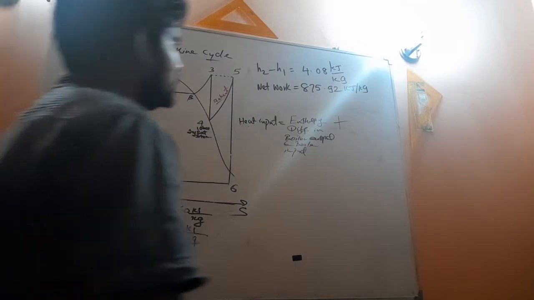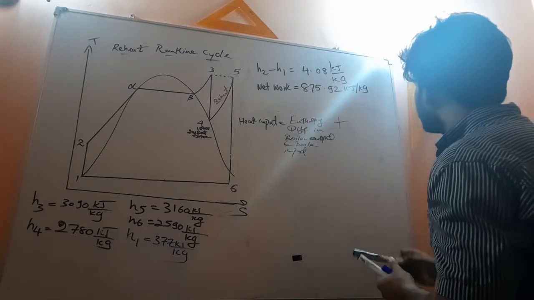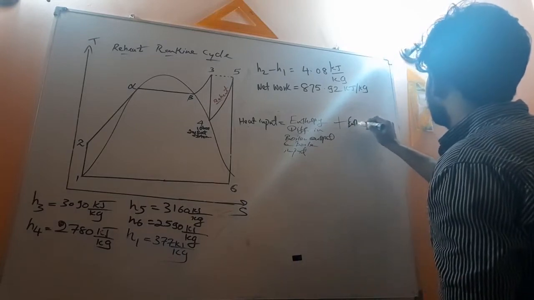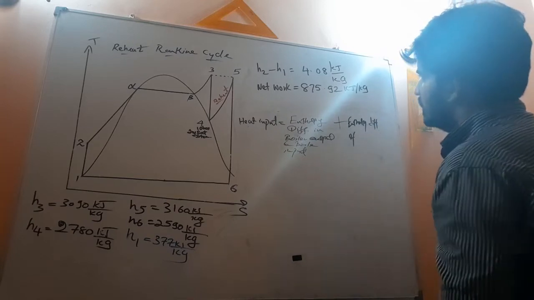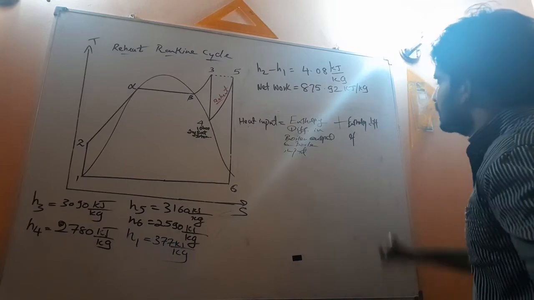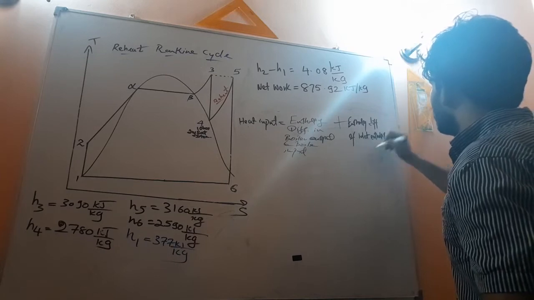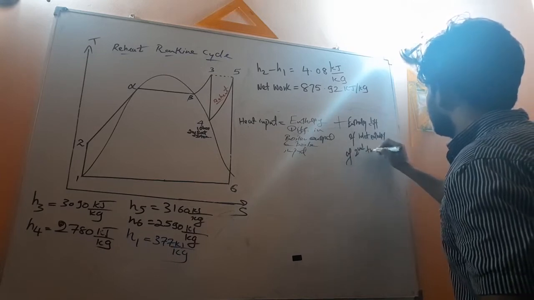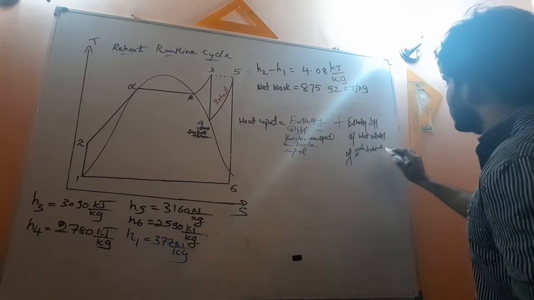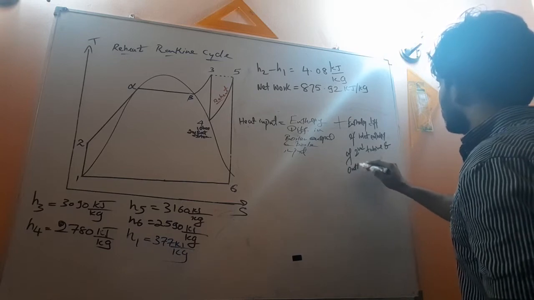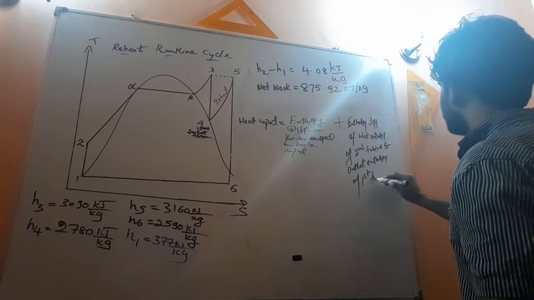So that means the enthalpy difference of the inlet enthalpy of the second turbine and the outlet enthalpy of the first turbine, right?